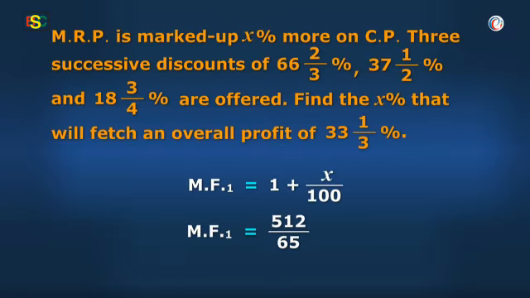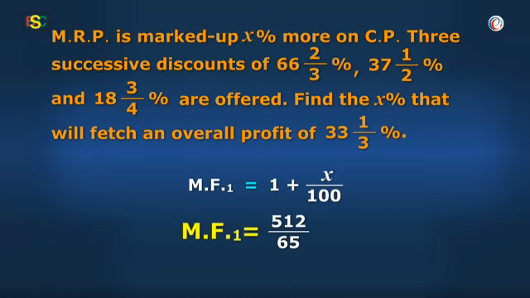Now, MF1 represents X% markup on cost price, such that after giving 3 successive discounts of given percentages, the shopkeeper earns a profit of 33 1/3%.